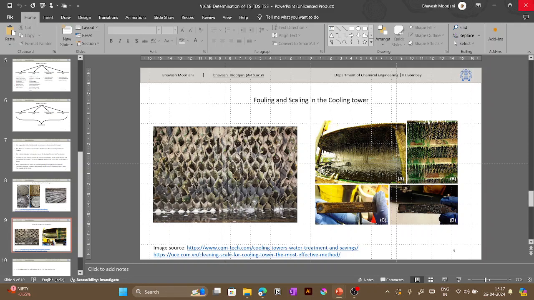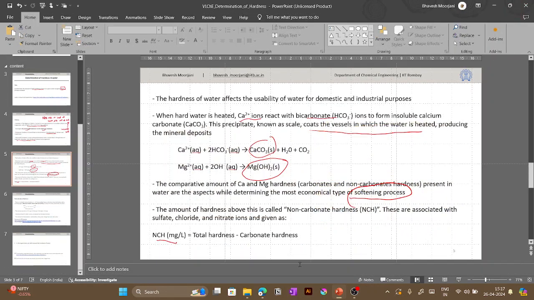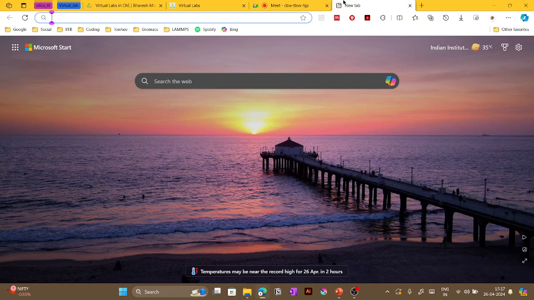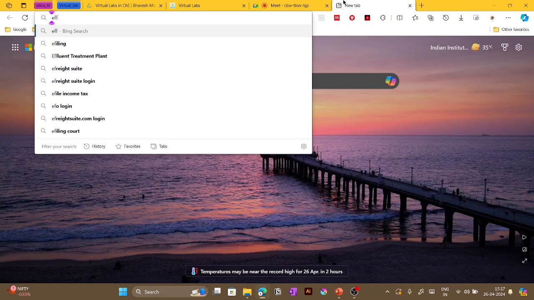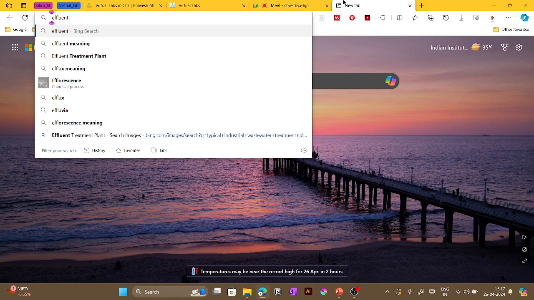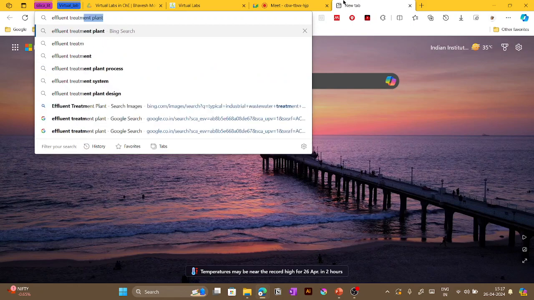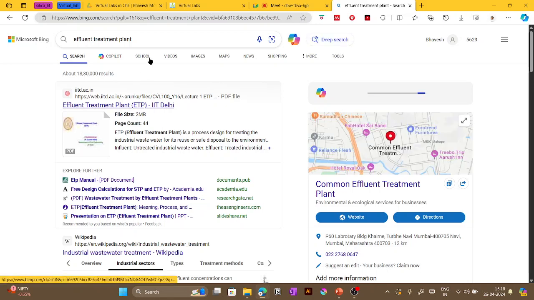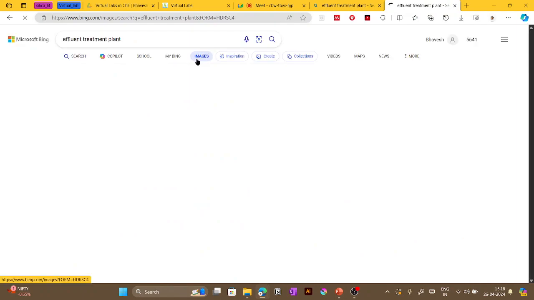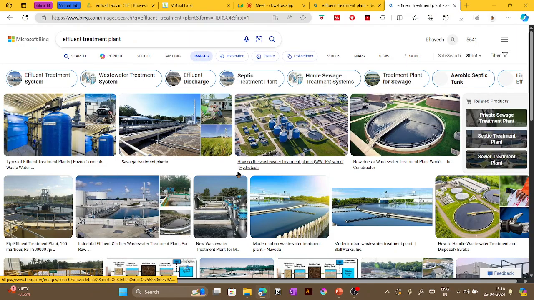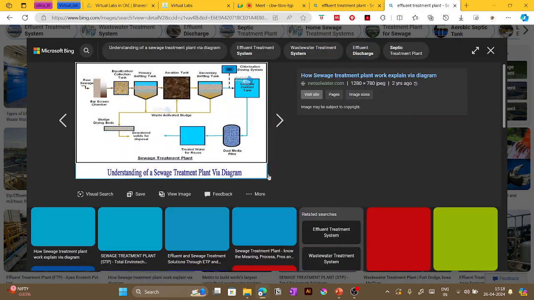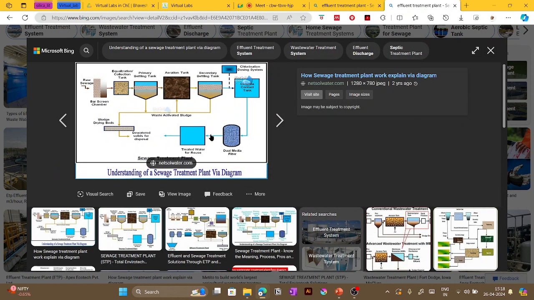Similarly, we were discussing how to maintain the wastewater quality, right? So last time we were discussing the effluent treatment plant. This is a generic diagram of an effluent treatment plant that we had discussed last time also.